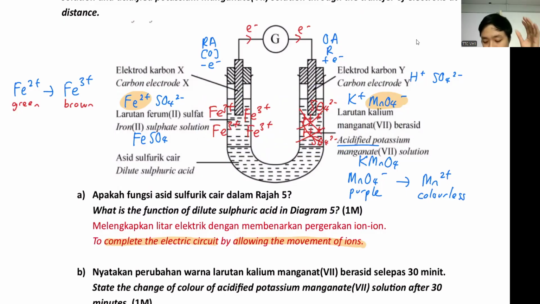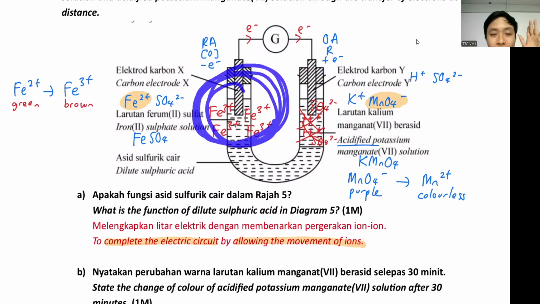Now imagine if the electron keeps moving from left to right. Electron is negative charge, right? A lot of electrons come out, so a lot of electrons left this area. Isn't it this area becomes even more positive, correct?